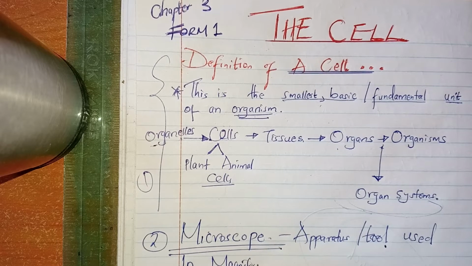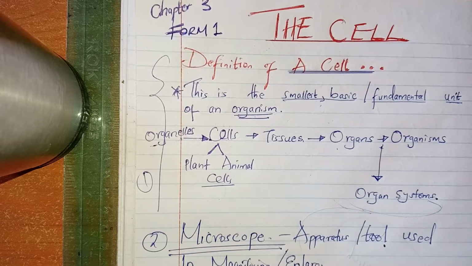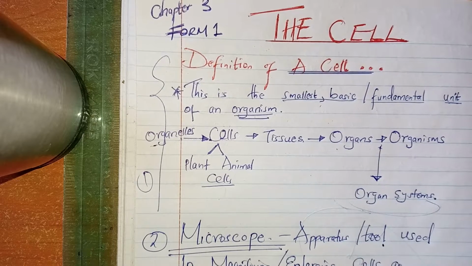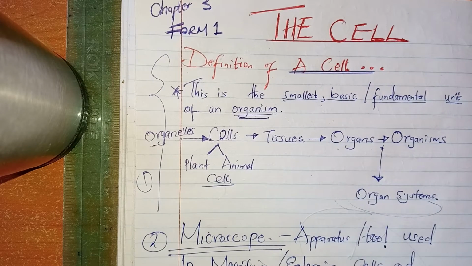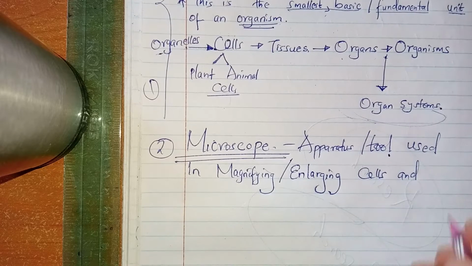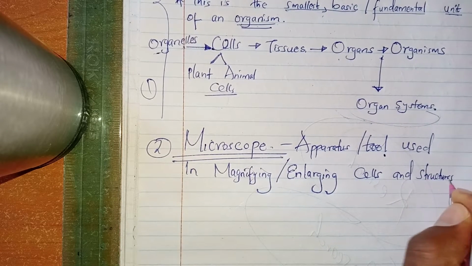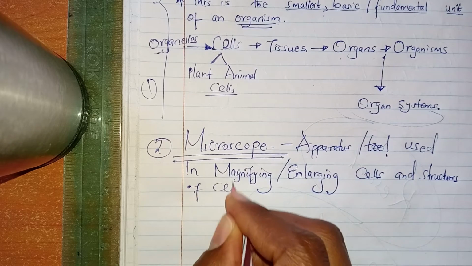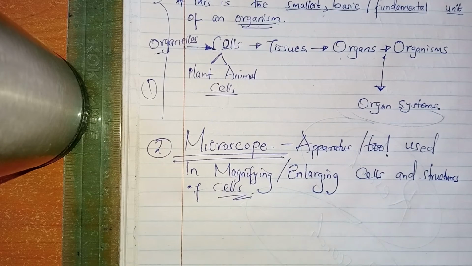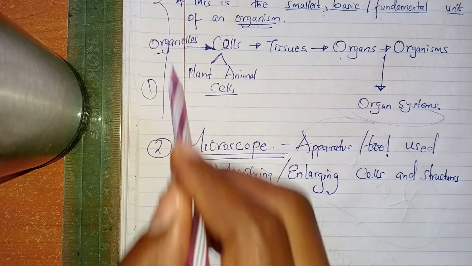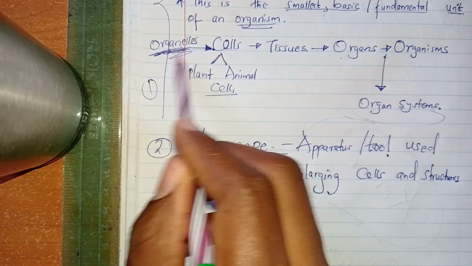We can also say stroke enlarging cells and structures within the cells. Enlarging cells and structures of cells. I have already told you that inside the cell we have what we call organelles. We shall look at them.